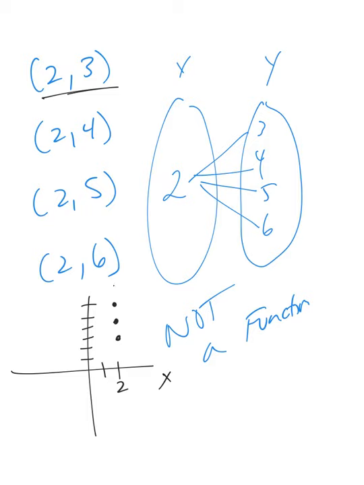I think I'm a little off, but what kind of line did I just create? Vertical. So you could not draw a vertical line through that. Because if I take my red pencil and try and go through this line, how many times did I hit it? Twice. So it's not a function.